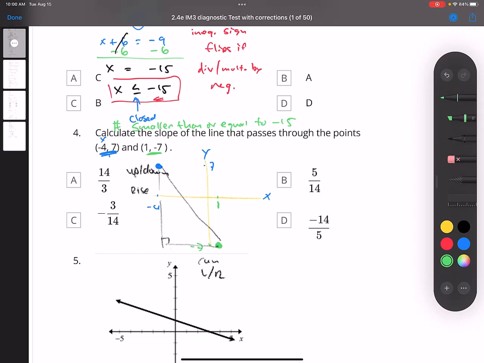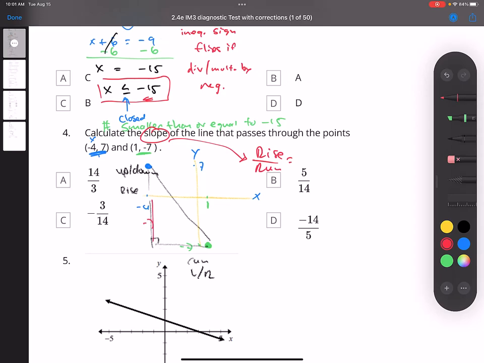So slope is equal to rise over run. So my rise is -4 over my run. Sorry, the rise is not -4. This here is -7, and this is +7.